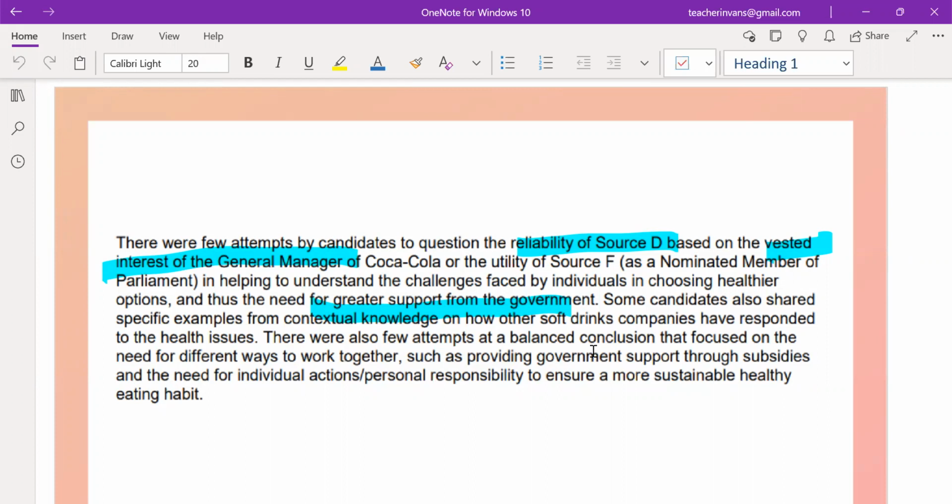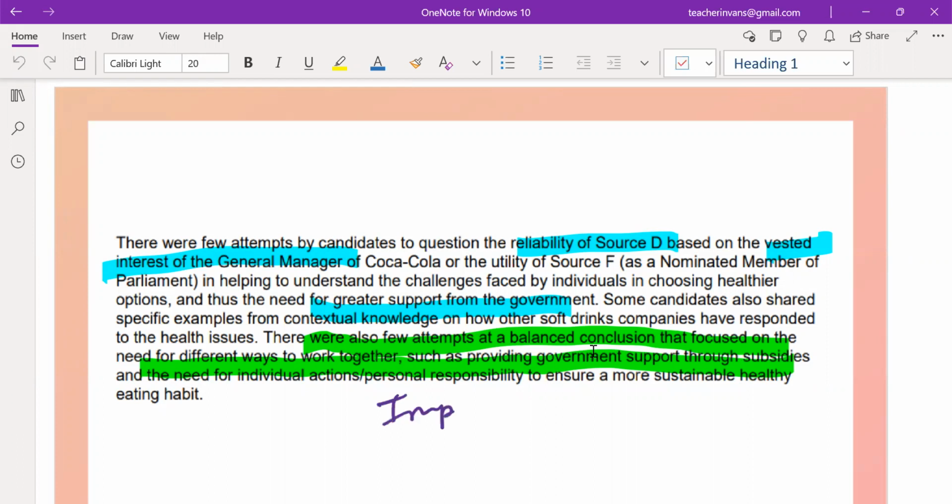And then of course, balanced conclusion, my favorite, this is always my favorite. Okay, they need to work together. There is no way that one problem can actually be solved. So when we do a balanced conclusion, we are looking at the impact and the extent of it.